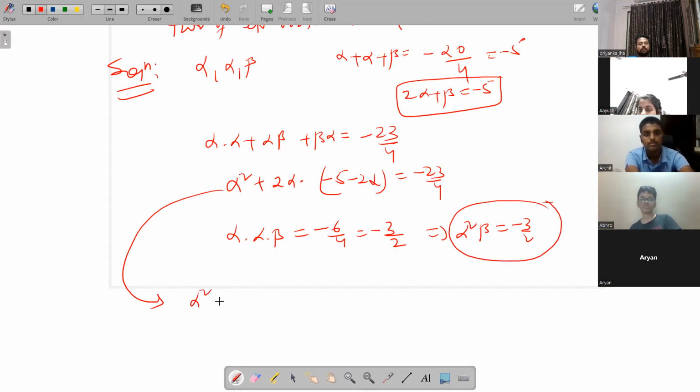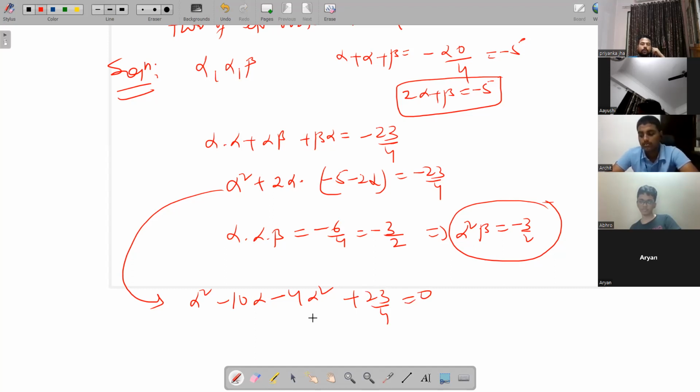From here you solve: alpha square minus 10 alpha minus 4 alpha square plus 23 by 4 equal to 0. So this is minus 3 alpha square minus 10 alpha multiplied by 4, so it will become minus 12 alpha square minus 40 alpha plus 23 equal to 0.